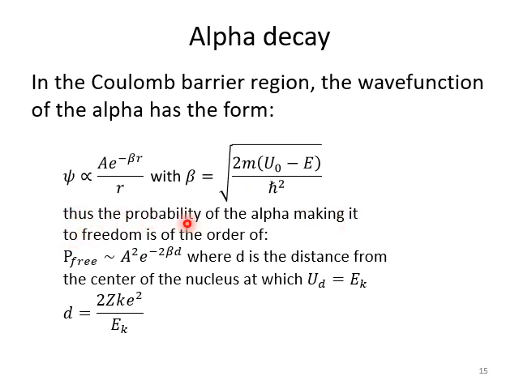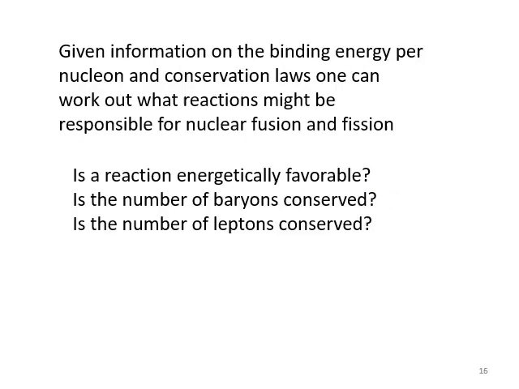So the probability that the alpha makes it out through the barrier depends upon the thickness of the barrier and the height of the barrier. When we plug all of this in, we can come up with an estimate of the probability that the particle makes it out. It is this low tunneling probability that leads to long lifetimes for alpha emitters.